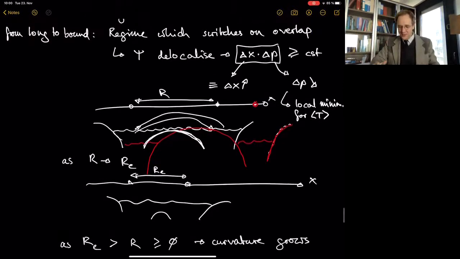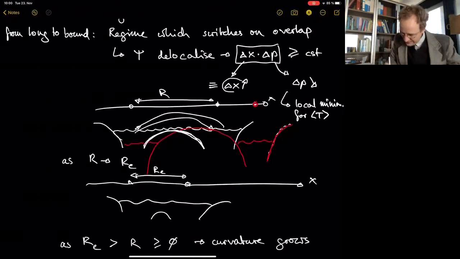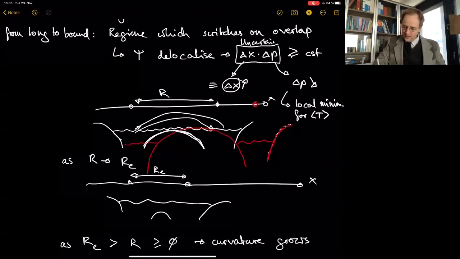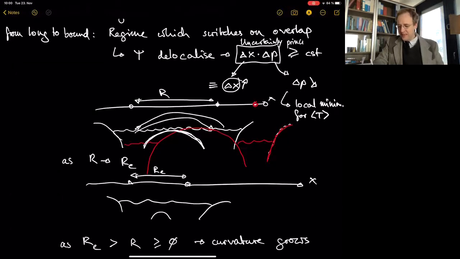And that means your delocalization, your spatial accessibility must go up. And then by the uncertainty principle, this would imply that your changes in momentum go down, and momentum is related to your kinetic energy, right?